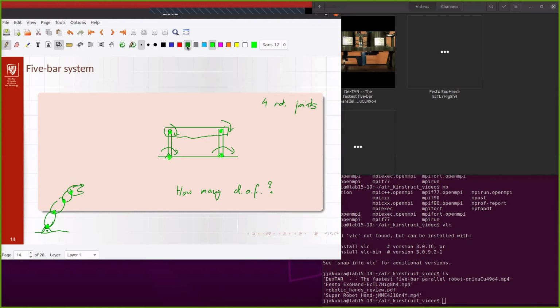How many different independent controls can we apply? Can we move and rotate each joint separately? Yes or no?